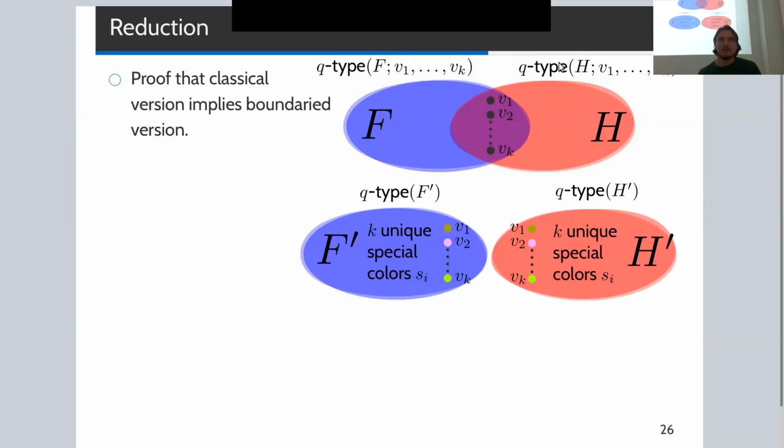But this version does not talk about any specific vertices inside the boundary. We can nevertheless highlight these vertices inside the boundary. We can just give every vertex inside the boundary a distinct color. So the vertex vi gets the color si, and the vertex vi is the only vertex with this color. Then, where before you would talk about some vertex being equal to vi, you can instead ask, is the vertex colored with color si?